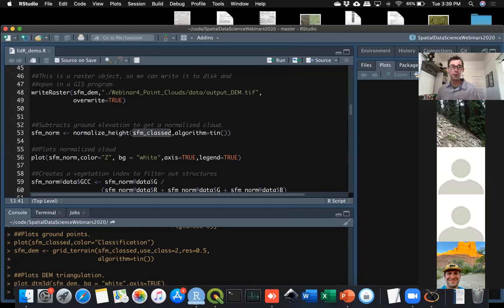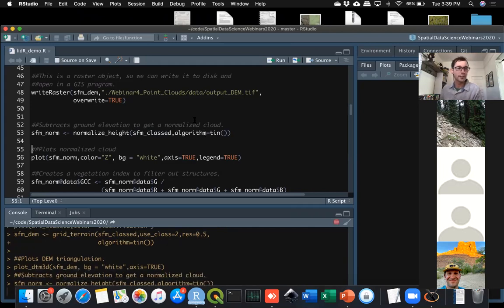That's an option, but what's going to be more accurate is that it actually triangulates the surface, and rather than gridding it, it uses the triangulation, that mesh, as the basis to normalize the point cloud. So it's subtracting the mesh elevation from the point cloud elevation directly without going through the grid step. That's just a little bit more accurate, but it's using the same algorithm, the TIN algorithm, to generate the ground surface. So I can just go ahead and run that.